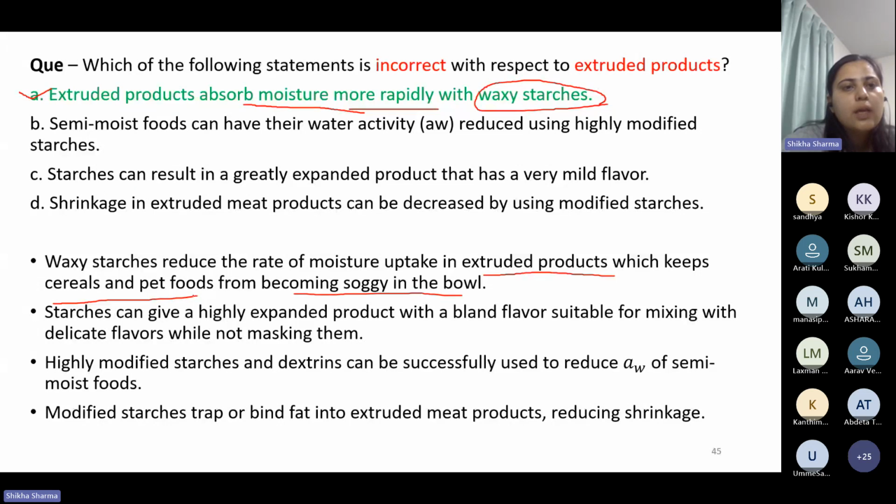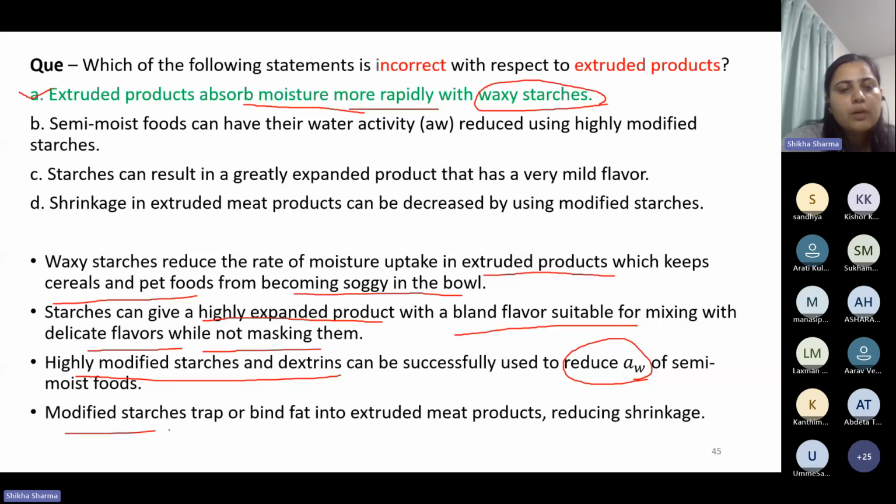Highly modified starches and dextrins are basically used to reduce the water activity in the semi-moist foods. And the starches can give highly expanded products with bland flavors, suitable for mixing with delicate flavors while not masking them.